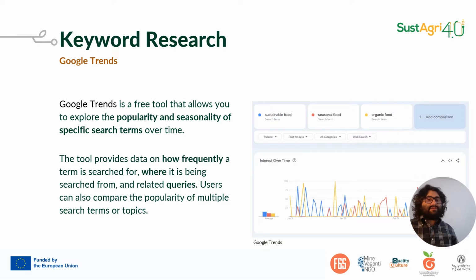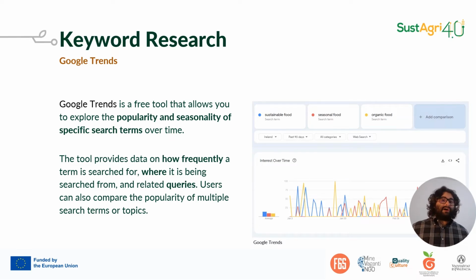Google Trends is a free tool that enables you to explore the popularity and seasonality of specific search terms over time. The tool provides data on how often a term is searched for, where it's being searched from, and related queries. Users can also compare the popularity of multiple search terms or topics.